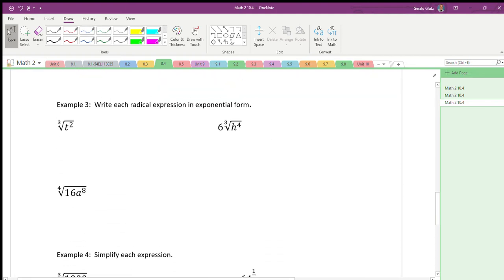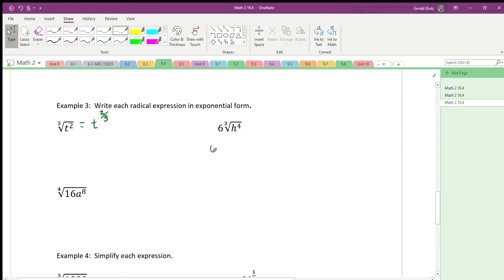So moving on to the next page, write each radical expression in exponential form. So again, this is the exponent, this is the root, so t to the 2/3. This one's a little trickier.